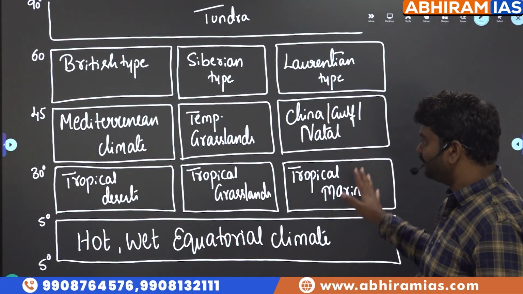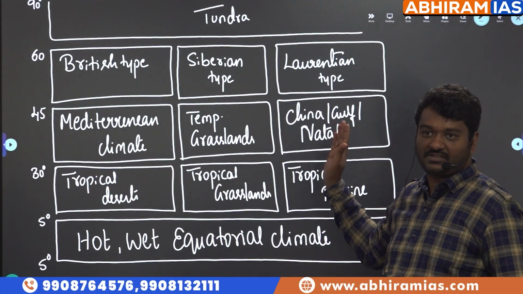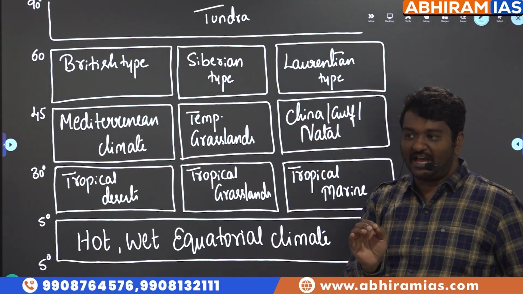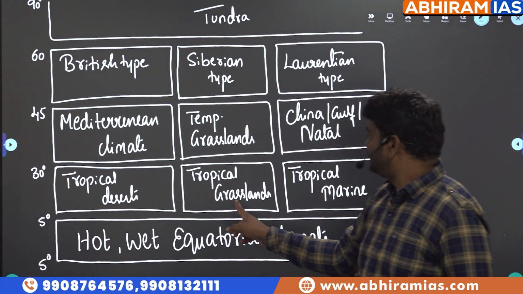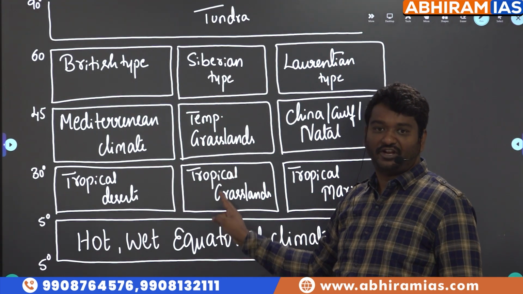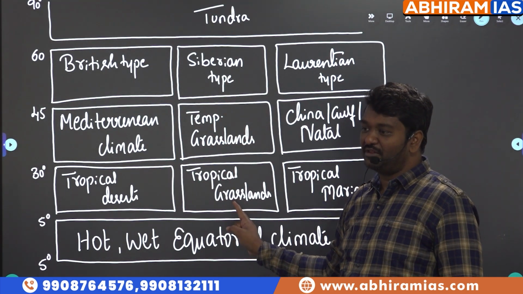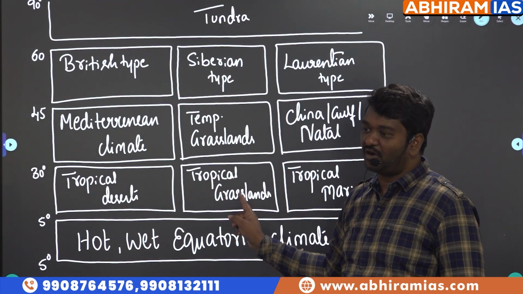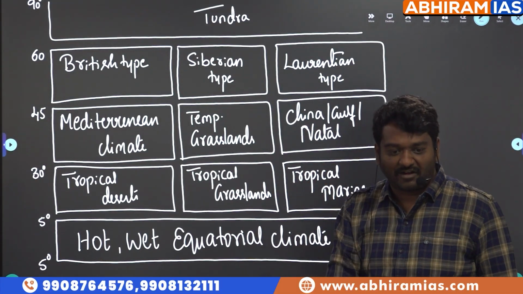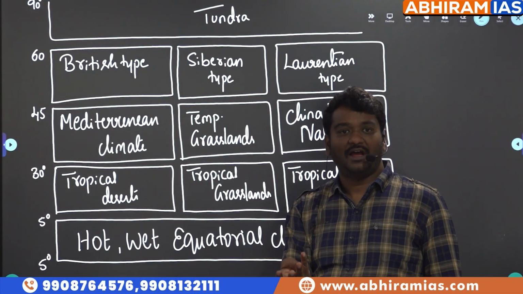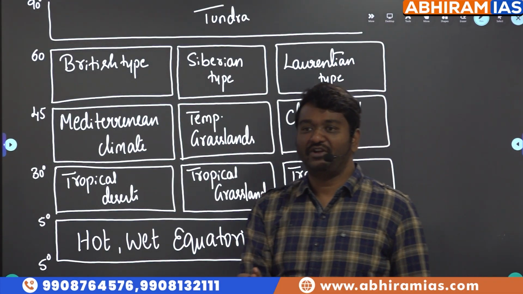So in this diagram, whichever is on the sides, they will have less annual range and less diurnal range. See these guys, these are in the continent. The moment they come in the continent, it will be dry climates, and you will have radiation windows.